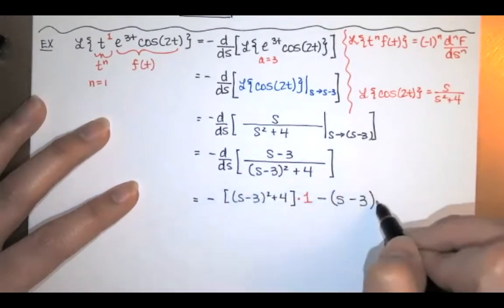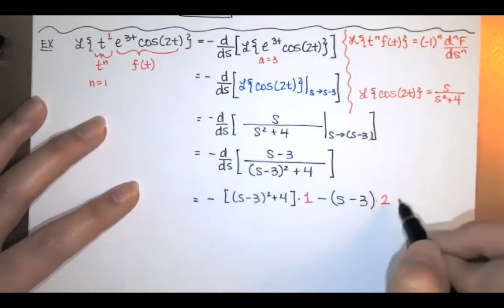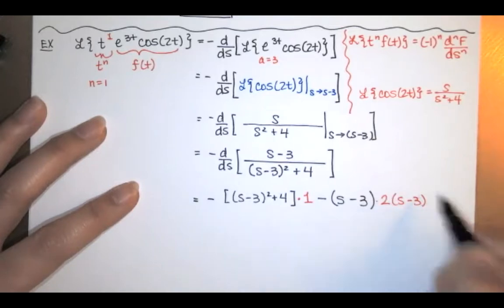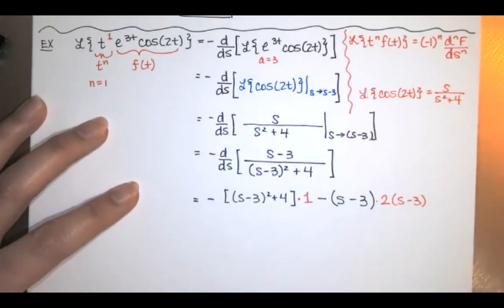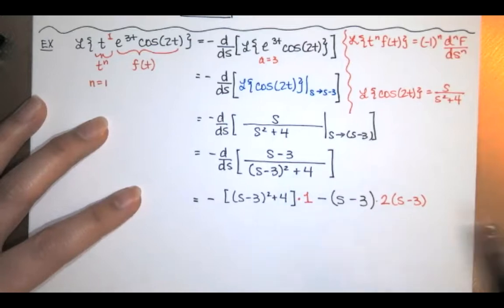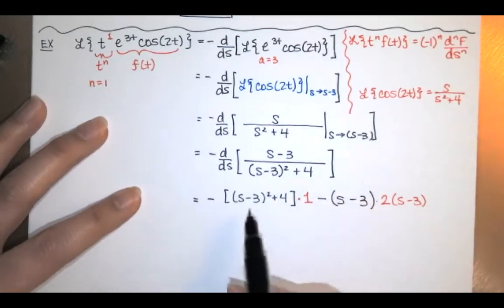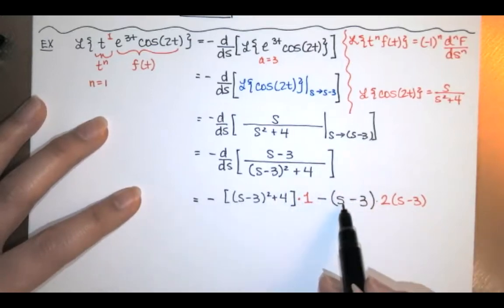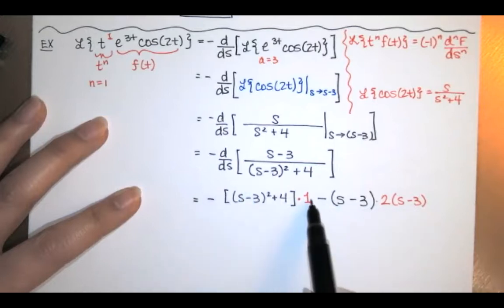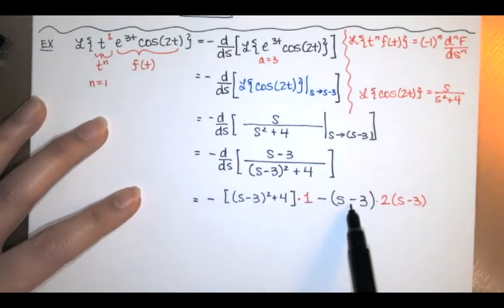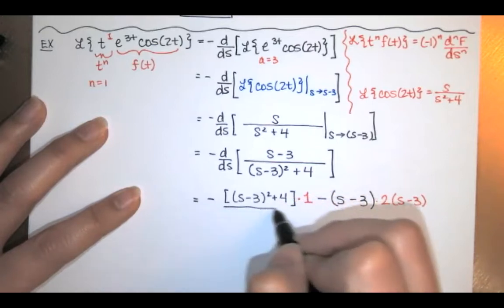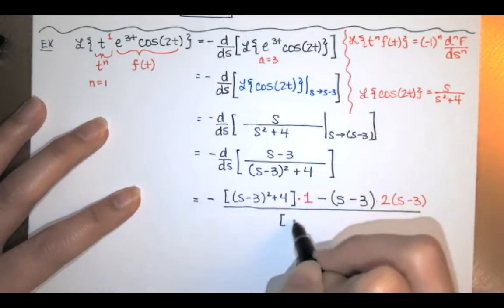This requires us to use the chain rule, so we'll have 2 times that (s minus 3) raised to the first times the derivative of the inside, which is 1, plus the derivative of 4, which is 0. So that's low d high minus high d low, or the bottom function times the derivative of the top function minus the top function times the derivative of the bottom function, all over the bottom function squared.